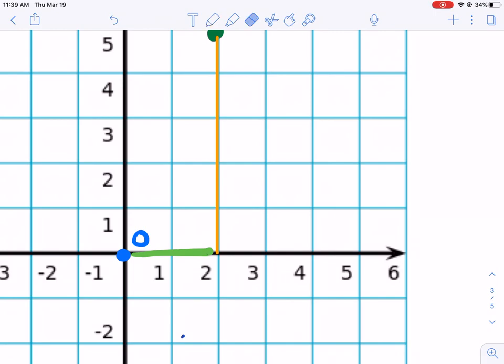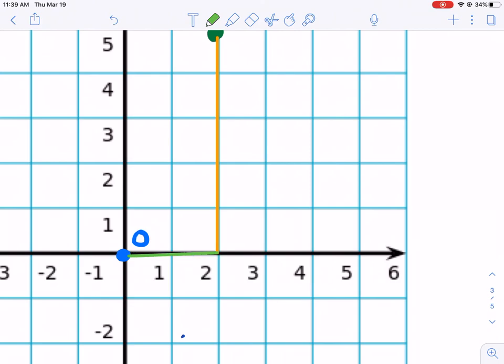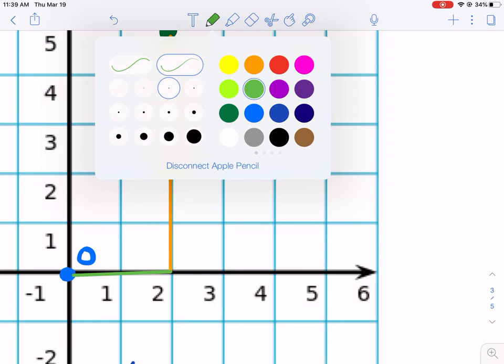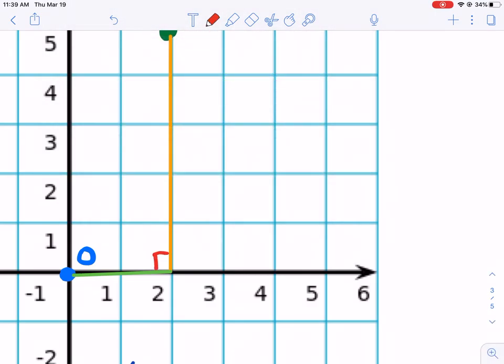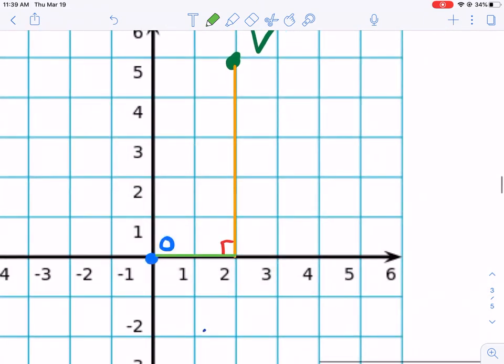Okay, I'm going to clean this one up just a little bit. I'm not OCD, I swear. All right. So now I have a 90-degree angle, and that's not tremendously important, but what is important is I go horizontal and then vertical to get up to my point.